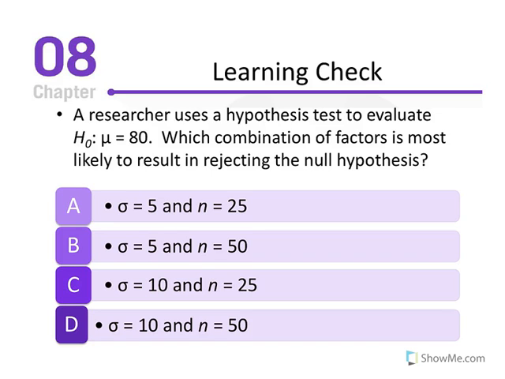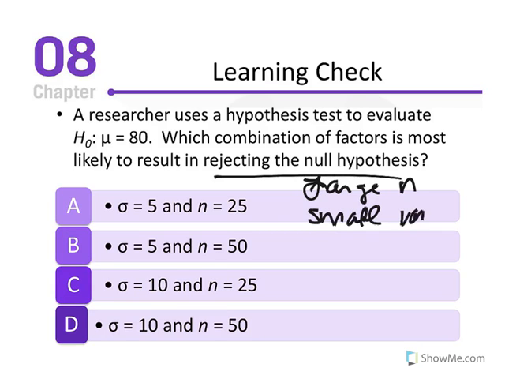And the factors that are going to increase our likelihood of rejecting the null are large n values, large sample size, and small variability. And variability is denoted by standard deviation.